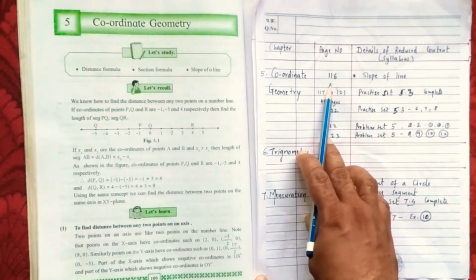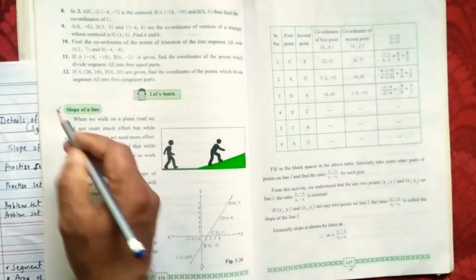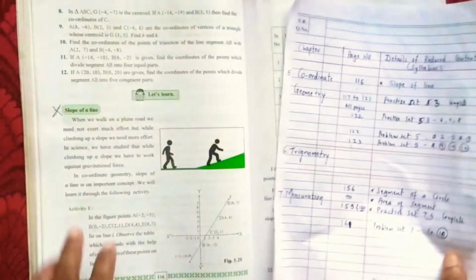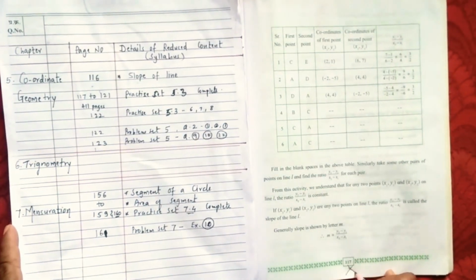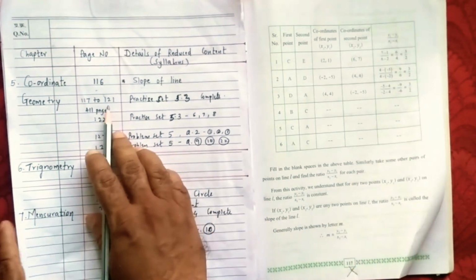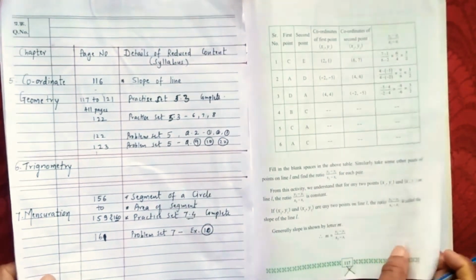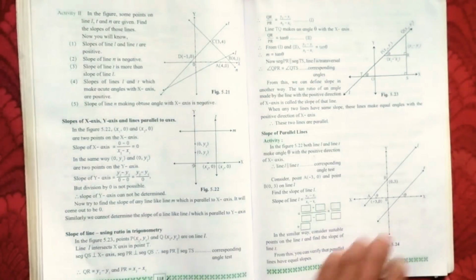So from page number 116, slope of a line, then page number 117 till page number 121, all pages, these all pages are reduced.